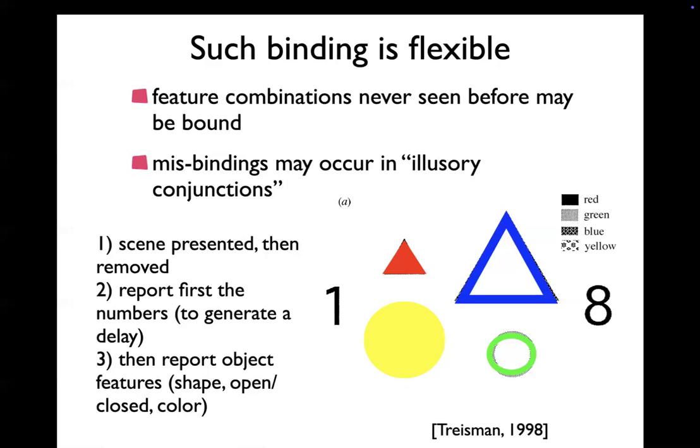And then you're asked to report object features. So you're, let's say, asked to say there is a yellow filled circle, or a green open circle, or a blue open triangle, or a red filled triangle, and so on. So the correct response would be listing all the features that apply to a particular object.